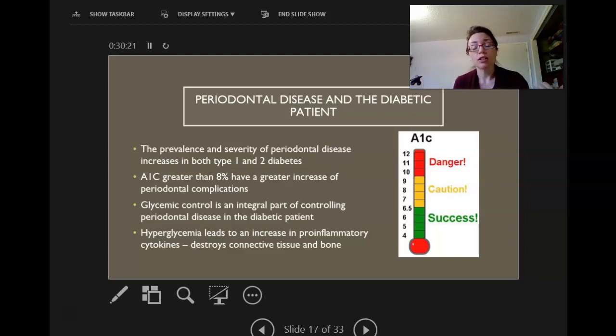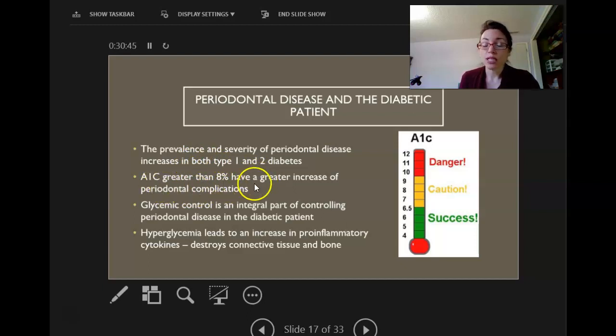If their periodontal disease is uncontrolled, oftentimes they have a harder time controlling their blood glucose. And if their blood glucose levels are not controlled well, oftentimes they have a hard time controlling the periodontal disease. So it's this bidirectional relationship. The prevalence and severity of periodontal disease increases with both type 1 and type 2.